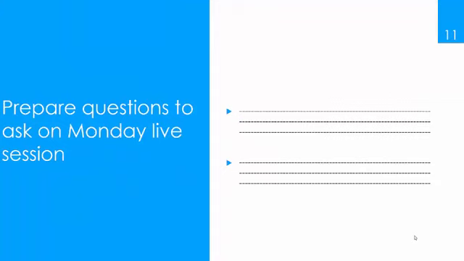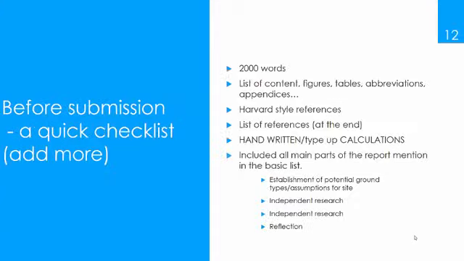I would like to see if you can prepare questions to ask on the Monday live session. And the final part is, before you submit, that you make a quick checklist. The report shouldn't exceed 2,000 words, so writing concisely is a very good engineering skill.